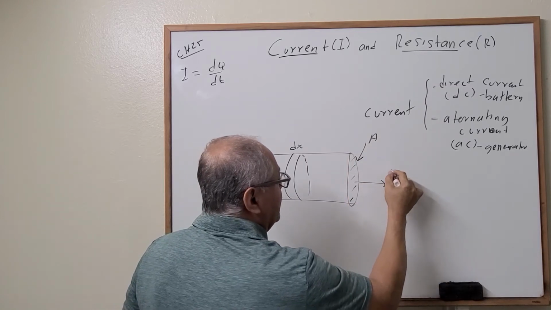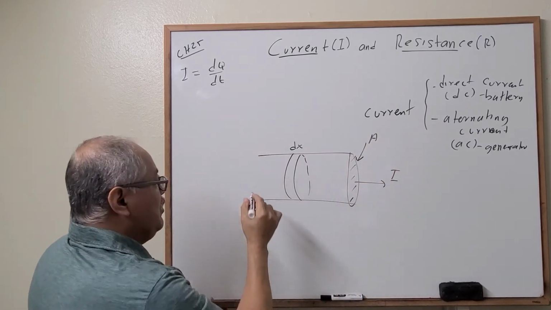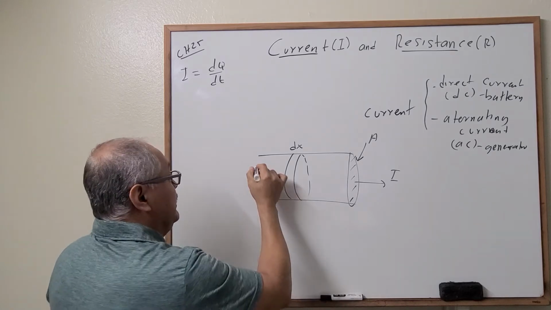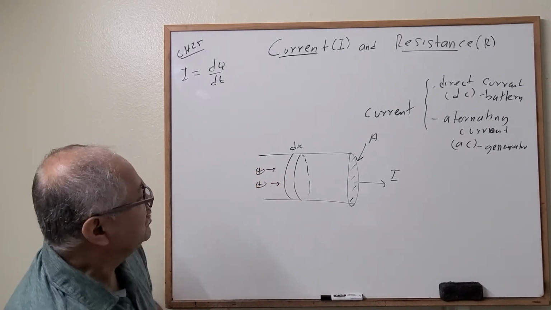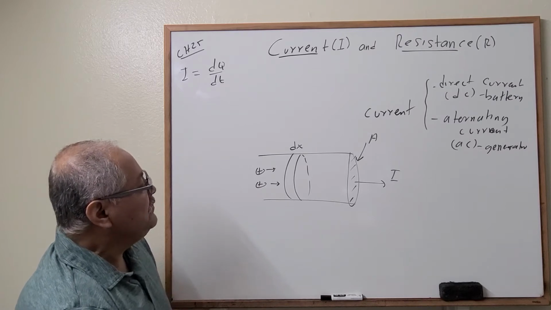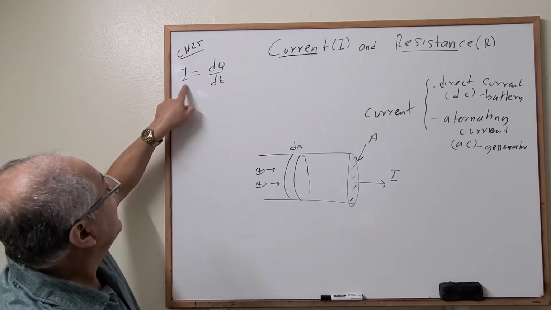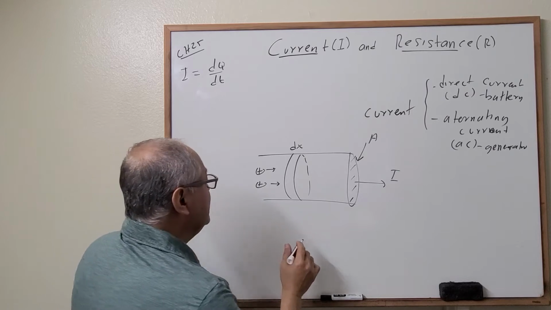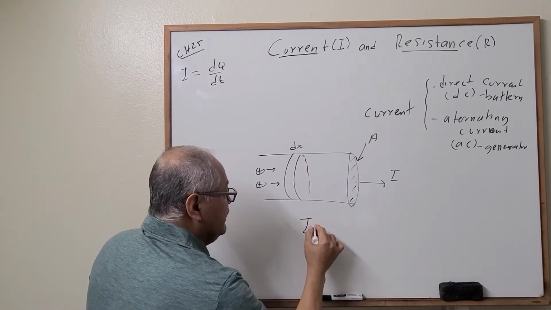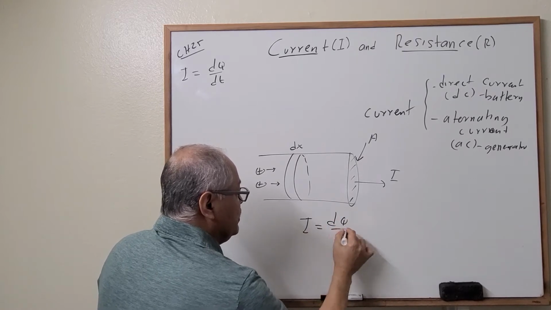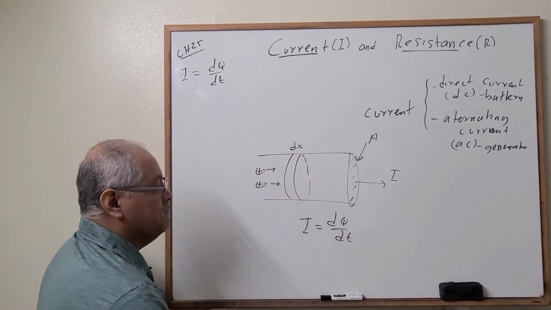Also, we have the current in that direction. Remember, we have the conventional current, which uses positive charge in motion. Now, let's try to find the current taking into account the charges. So current is equal to the change in charge with respect to time.